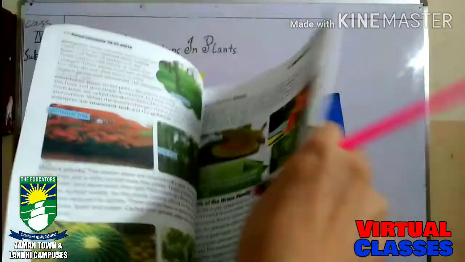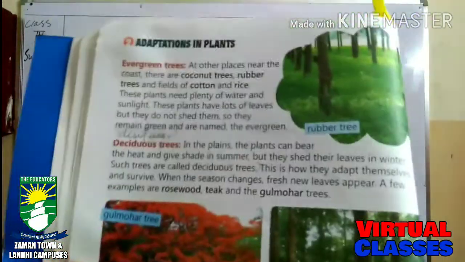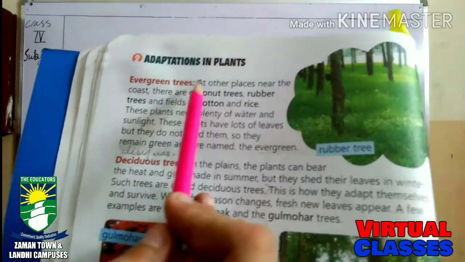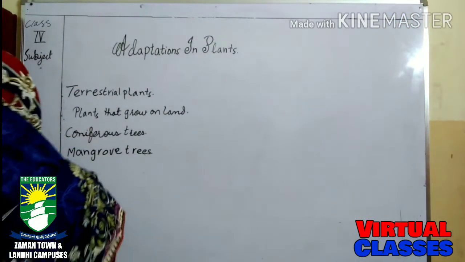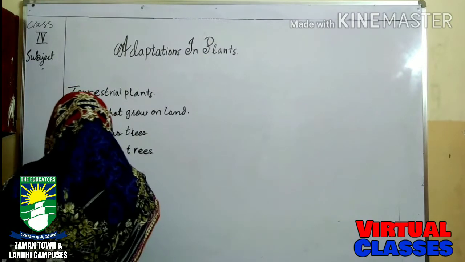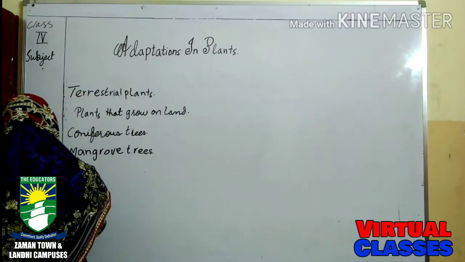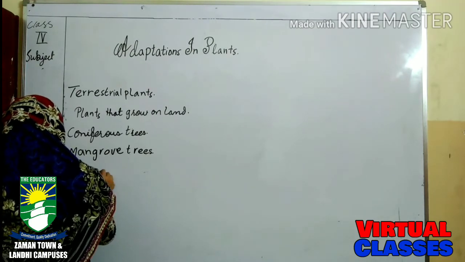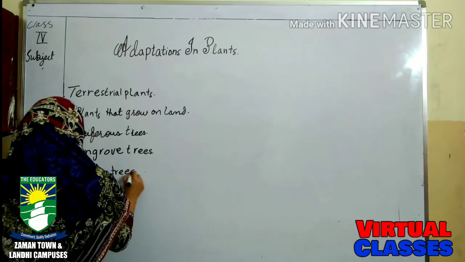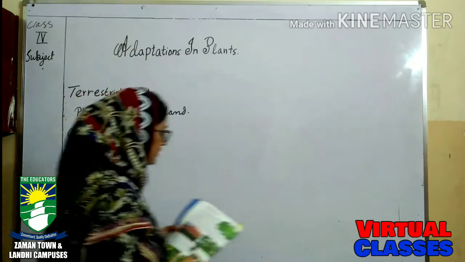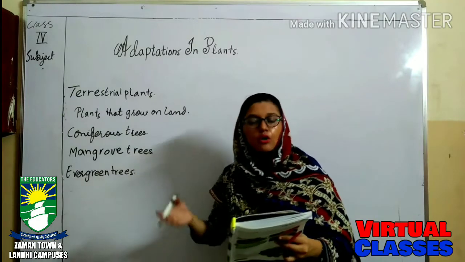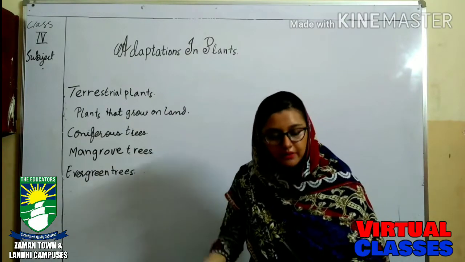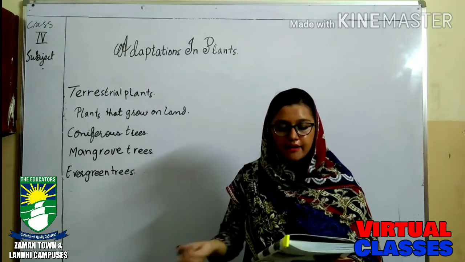Then turn to page number 10. Then we have evergreen trees. At other places near the coast, there are coconut trees, rubber trees, and fields of cotton and rice.